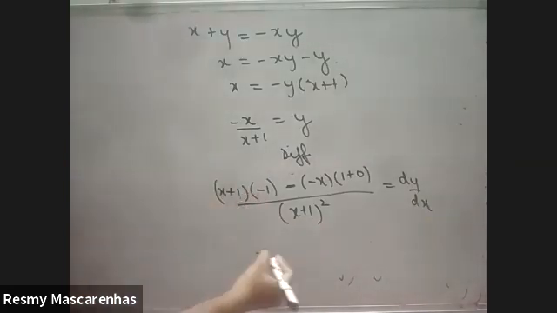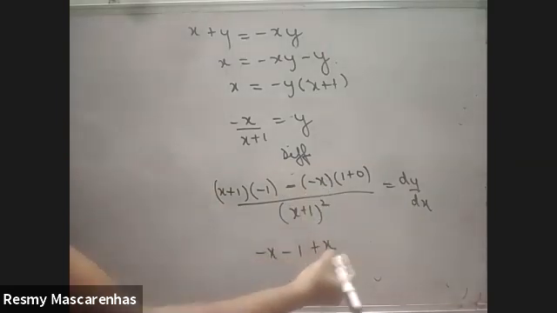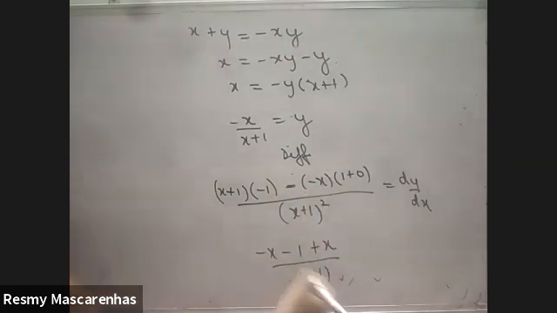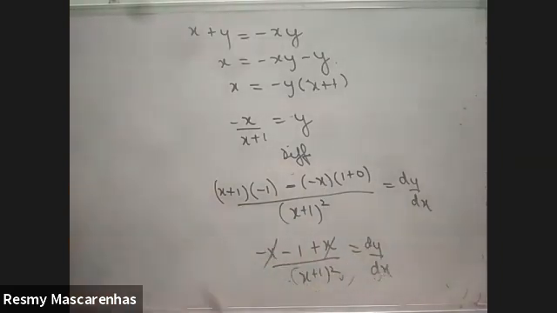Then open up the bracket and solve. Minus into minus will give me plus. So your answer is minus 1 upon 1 plus x plus 1 the whole square.